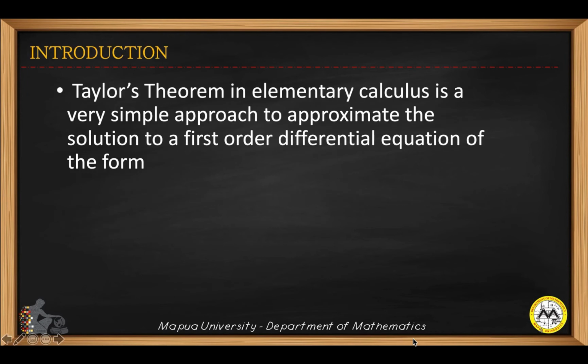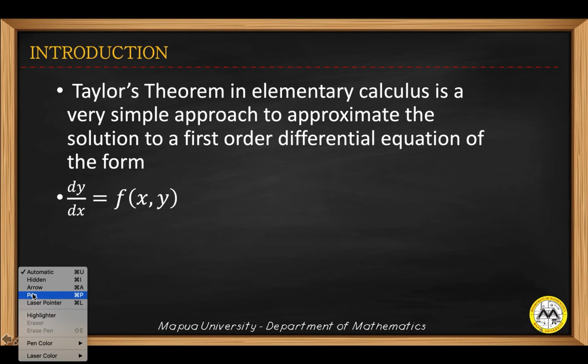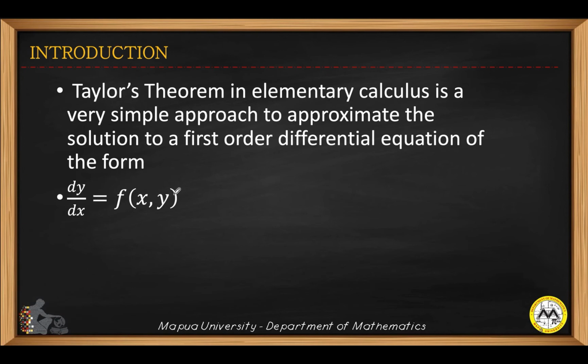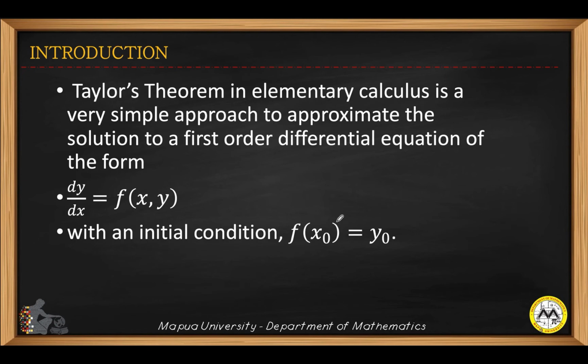Taylor's theorem in elementary calculus is a very simple approach to approximate the solution to a first-order differential equation of this form. So you have dy over dx equals a function of x and y, subject to the following initial conditions, so that when x is equal to x sub o, the value of y is y sub o.